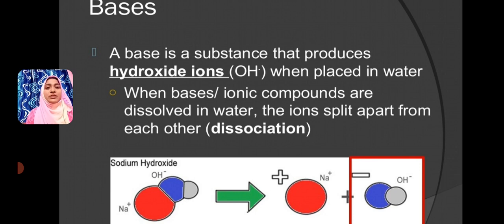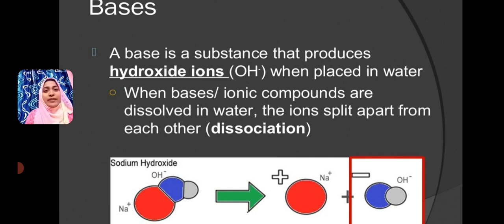There is a difference between hydroxide ion and hydronium ion. Hydronium ion is H+, hydroxide ion is OH−. So, you can see here in this reaction, when bases and ionic compounds are dissolved in water, the ions split apart from each other.